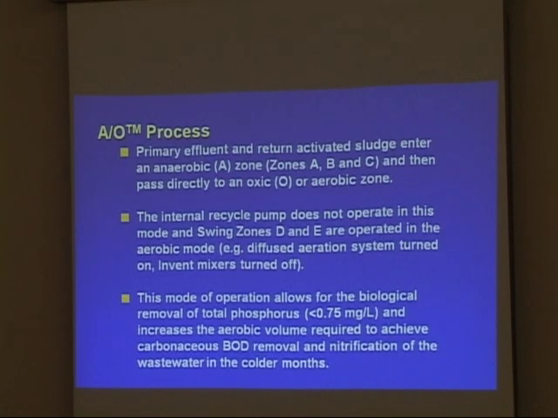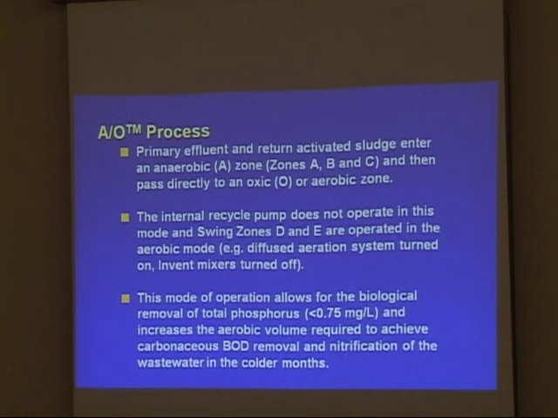So zones A, B, and C are going to be anaerobic zones, and then they'll be followed after that by the aerobic zones of D, E, F, and G. No internal recycle pump will be used. No mixers on in D and E because they're going to be aerobic, just using diffusers in there. And this is where you're going to get your biological phosphorus removal, which is your AO process.